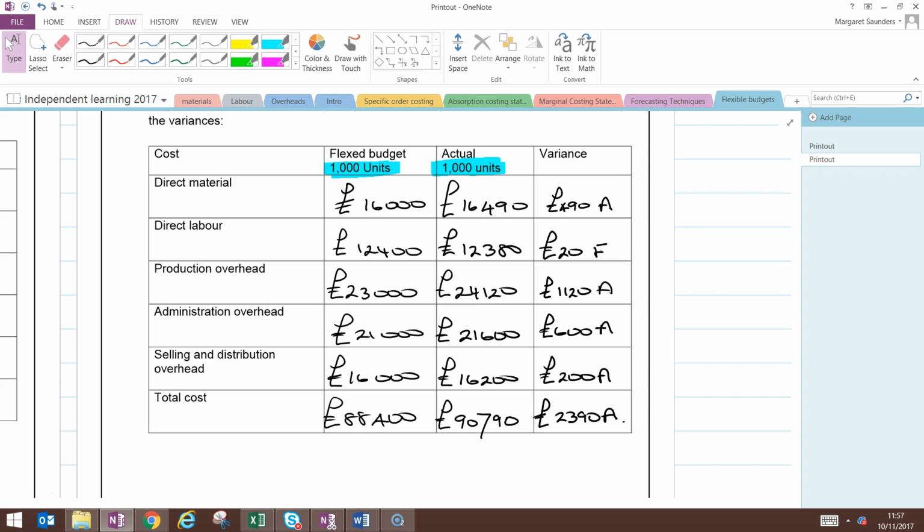So a flexed budget is always a new budget produced for the actual output. In this example, the layout of the new budget has been the same as the original budget. You may be asked to prepare new budgets and present them in an alternative format, such as in a marginal costing layout. So do check carefully as to what you need to do. And that brings us to the end of this recording.